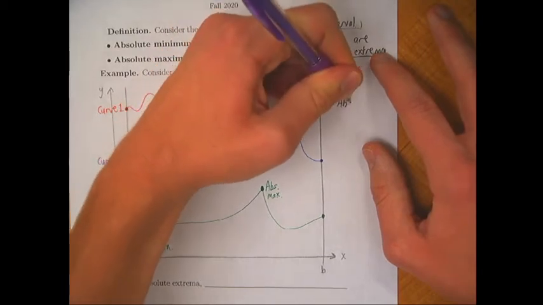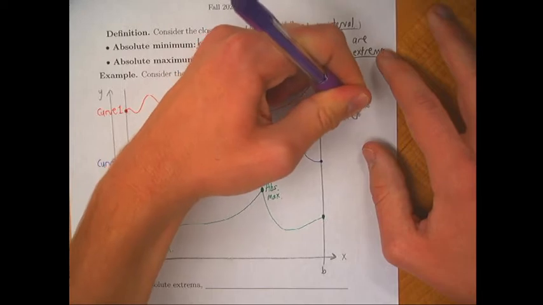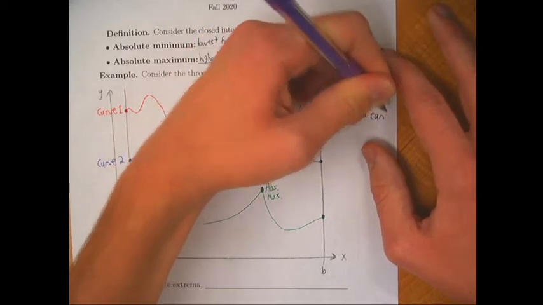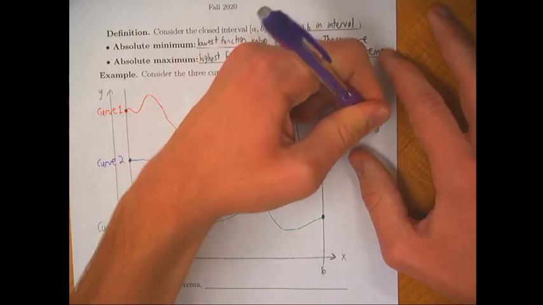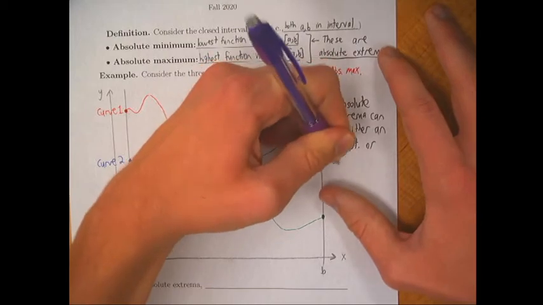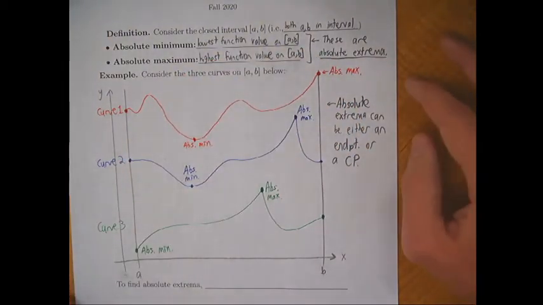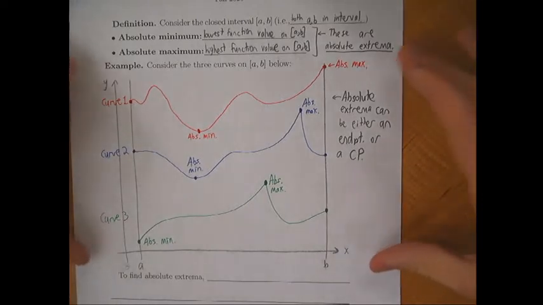So absolute extrema can be either an endpoint or a critical point. That's basically the takeaway of what's going on here.